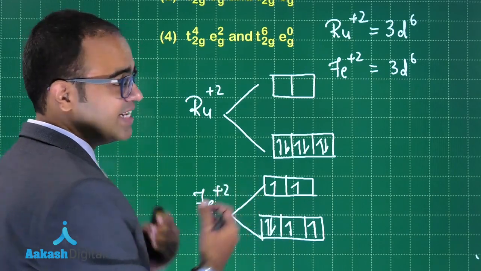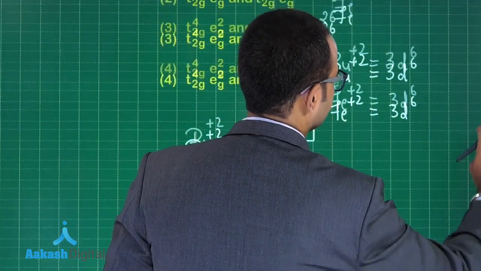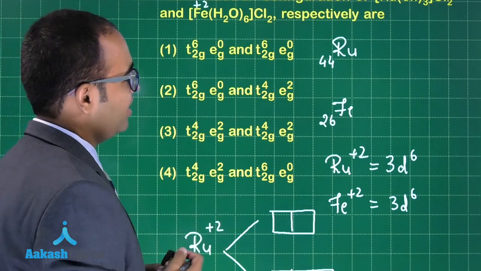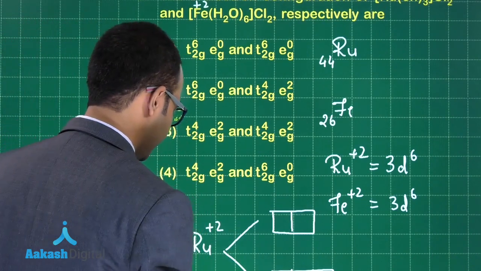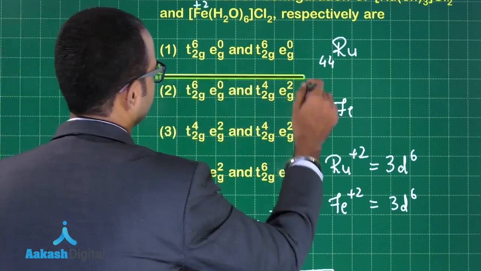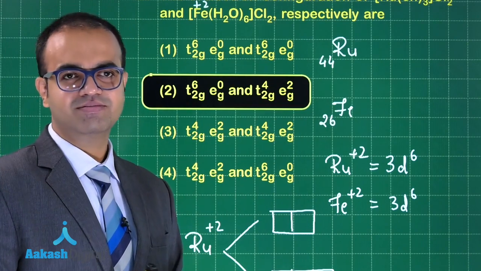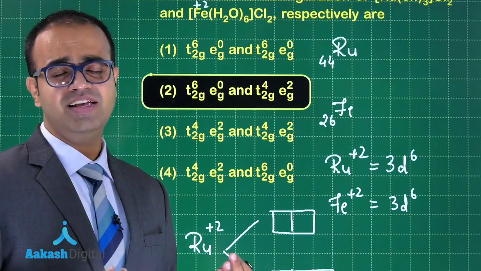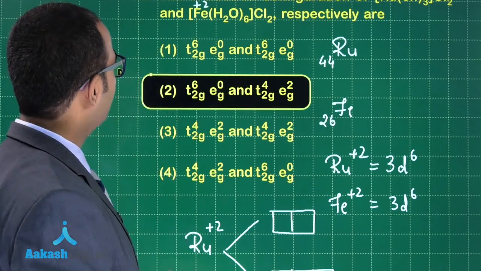So let's see if it is matching with any of the options. Yes, it matches with option 2, guys. So the answer over here is option 2. Okay, is this understood? Easy question, just that you should know crystal field theory and crystal field splitting properly, guys. Okay, let us go to the next question.